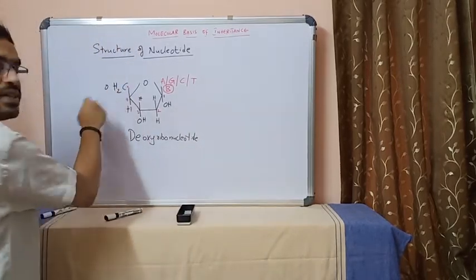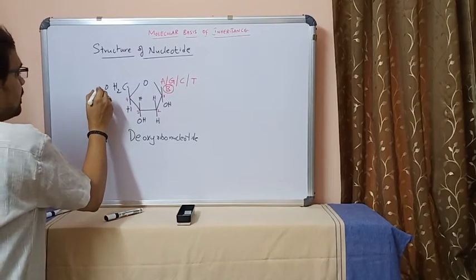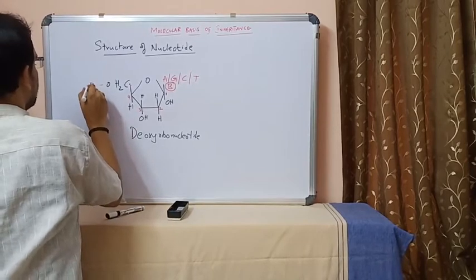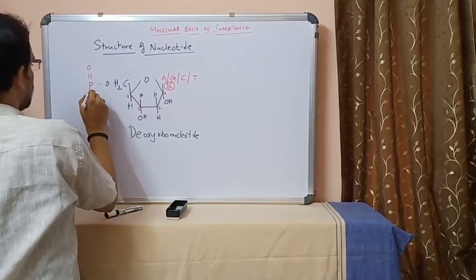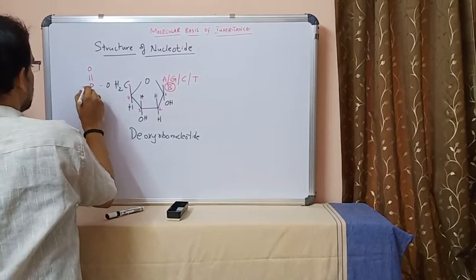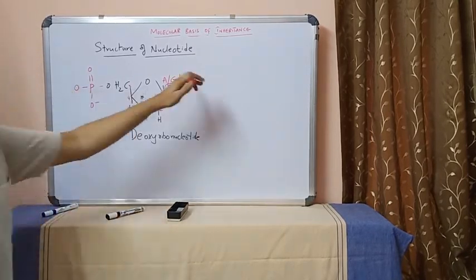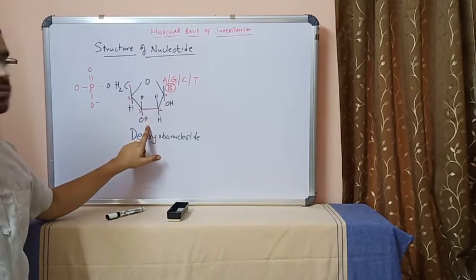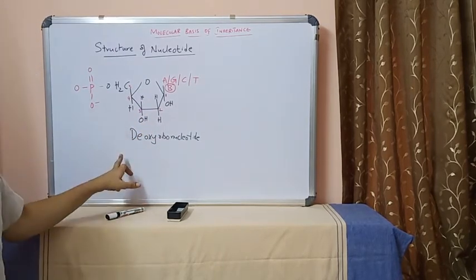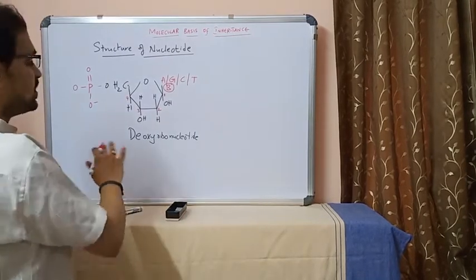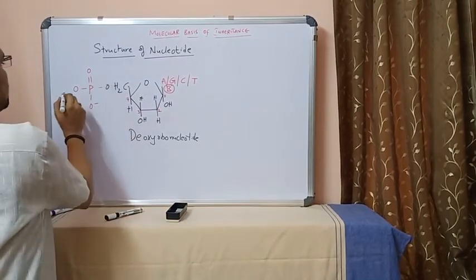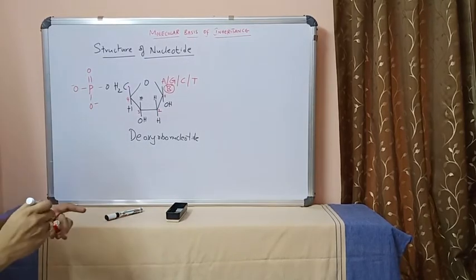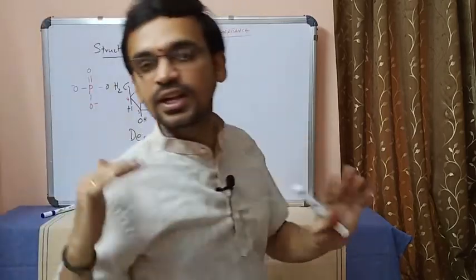Here CH2OH is there, and the hydrogen is replaced by phosphate. So this is the base, this is the phosphate, this is the sugar. So this is the structure of deoxyribonucleotide. Here the valency of oxygen is 2.